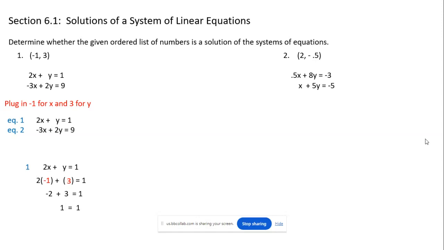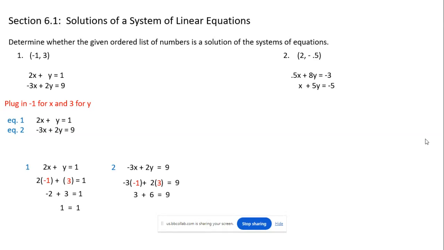But for it to be a solution of the system, it also has to give me a true statement for equation 2. Equation 2 is negative 3x plus 2y equals 9. Just like before, I'm going to replace the x with negative 1 and the y with 3.